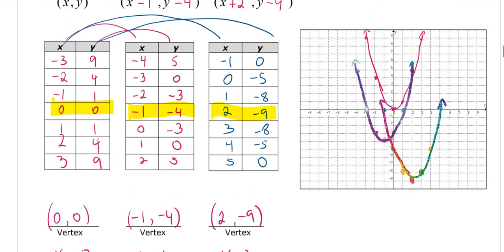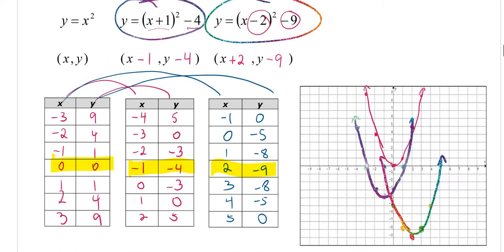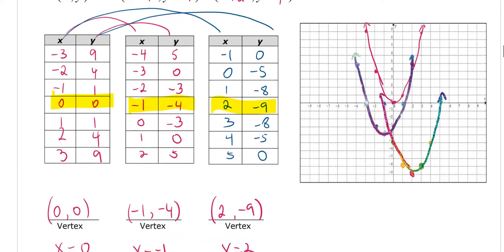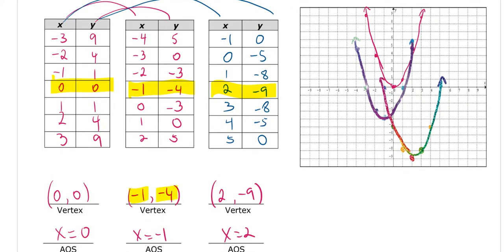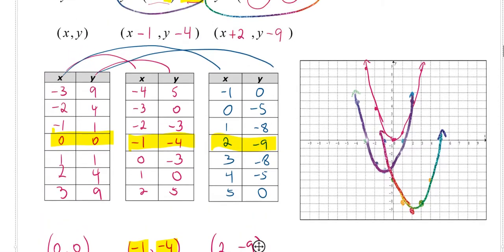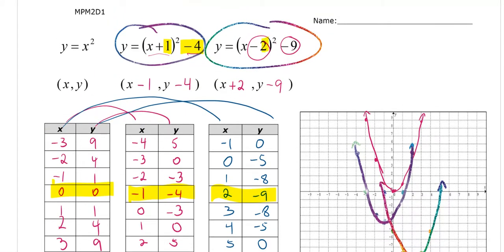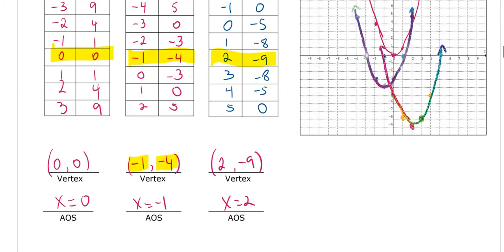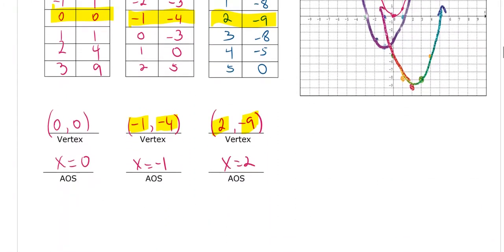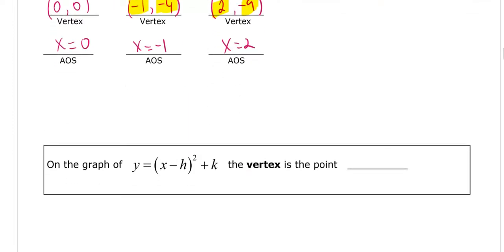But again, notice the equations. H is negative 1, k is negative 4. And here, h is positive 2 and k is minus 9. The vertex is positive 2, minus 9. So we can see that from the graph, h and k is my vertex point.